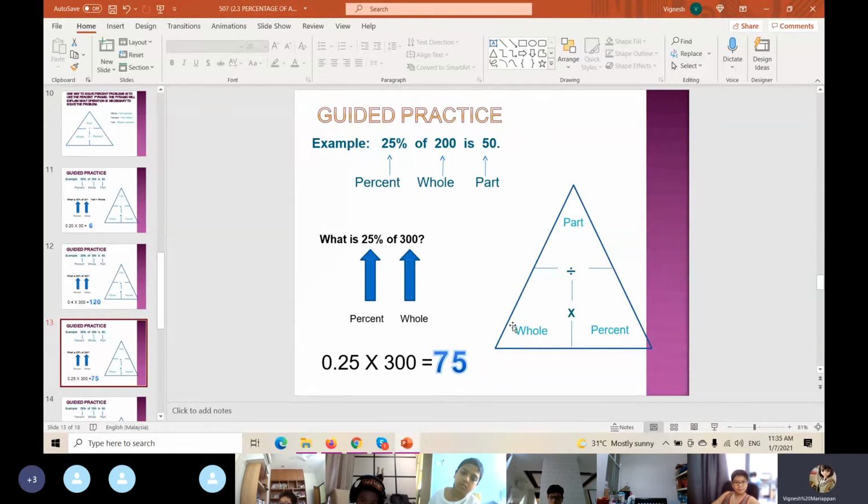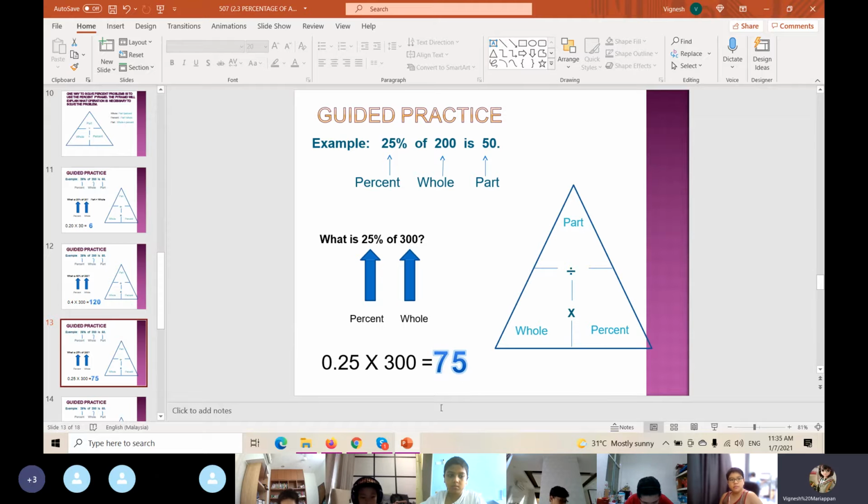So when you refer to this pyramid, you should know that we need to multiply both this whole number and also the percentage. But as I said just now, we cannot simply multiply both, because percentage we still need to convert to the decimal. As I said, move 2 decimal places to your left is 0.25. So when you multiply with the whole number 300, you should get 75.